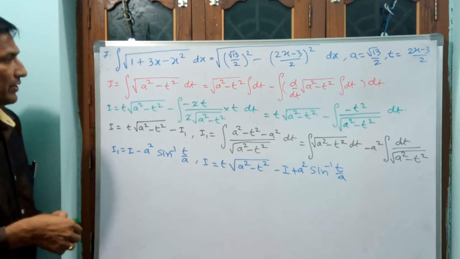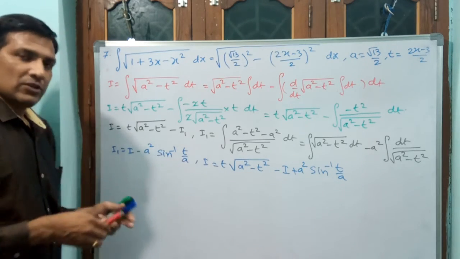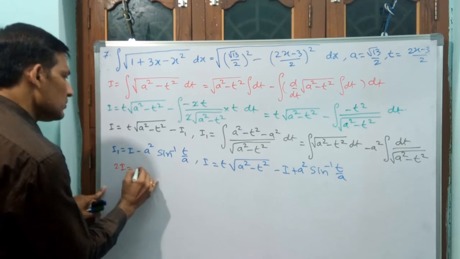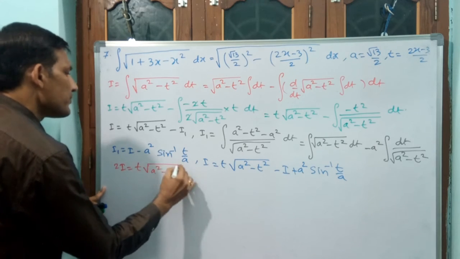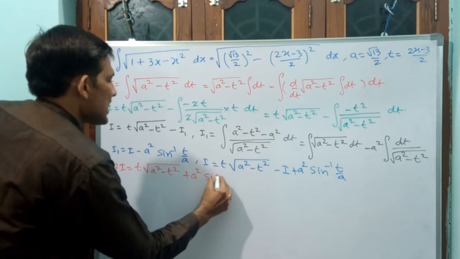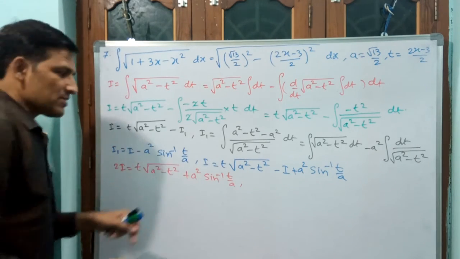Okay? See, this is I, but here also I is there. 2I. Write down, one step. That is not a problem. 2I is equal to t into square root of a square minus t square plus a square into sin inverse t by a. This is 2I. I is equal to, write down.